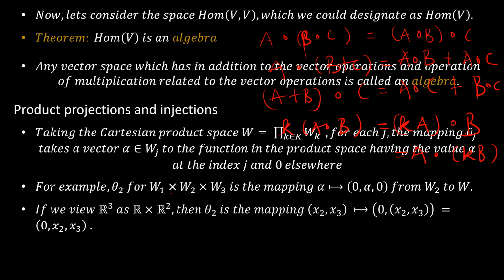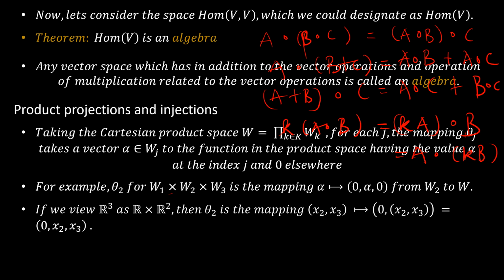It could also be seen as replacing the items we have in the two-dimensional space and plugging them into the three-dimensional space. This relationship, or this mapping, is what we call an injection into the product space.